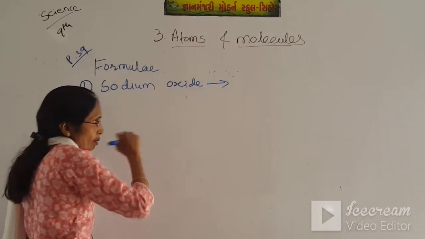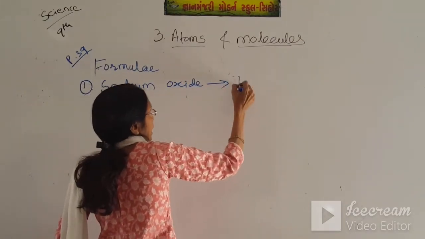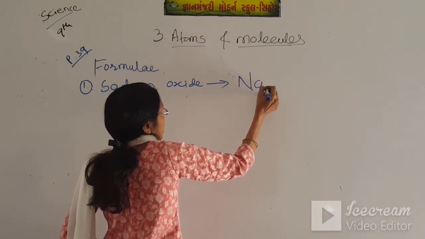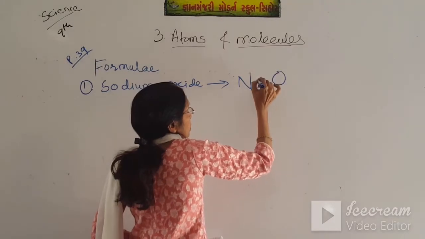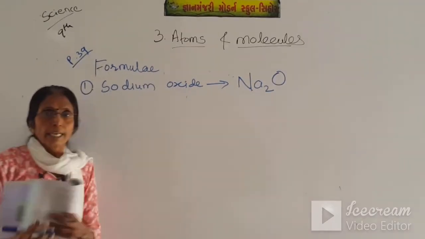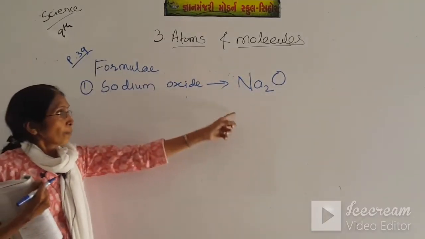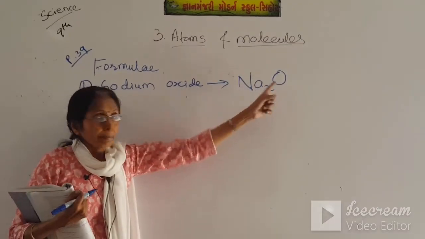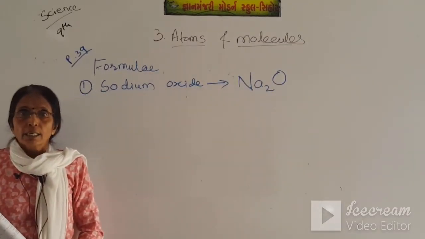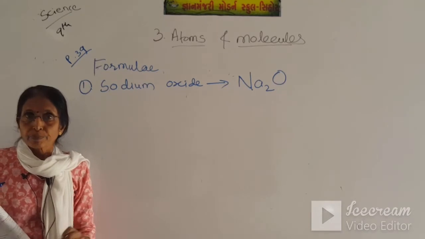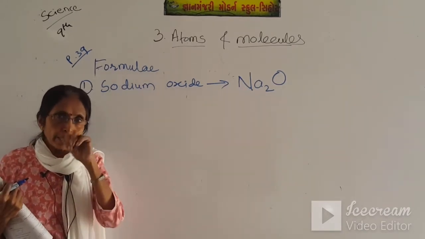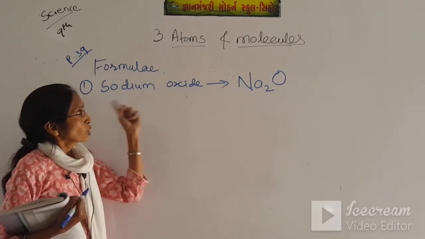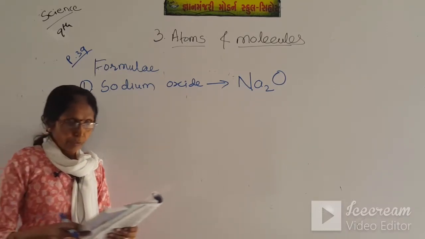So what can be the formula of sodium oxide? Na2O. Here N should be written capital, O should be capital and a in small letter. When 2 atoms of sodium combine with 1 atom of oxygen, then sodium oxide is formed.